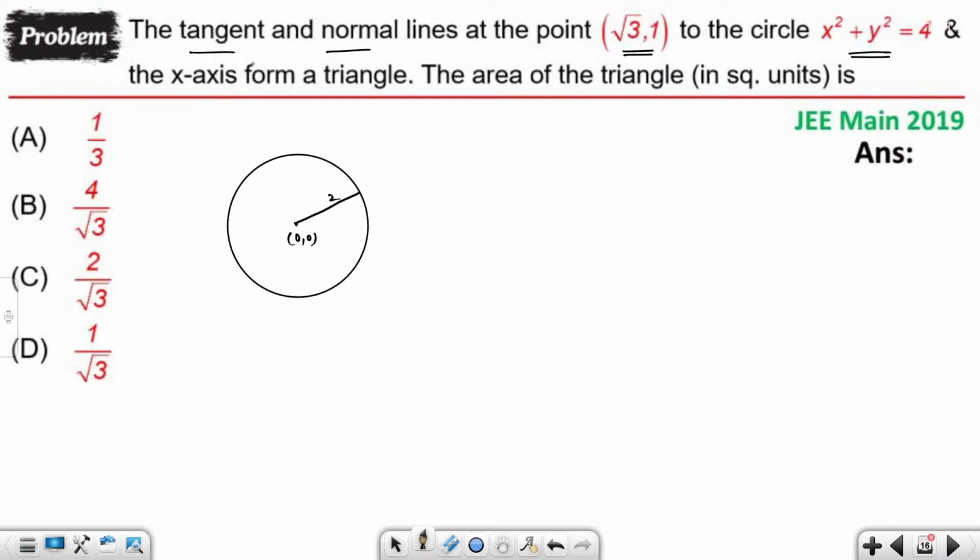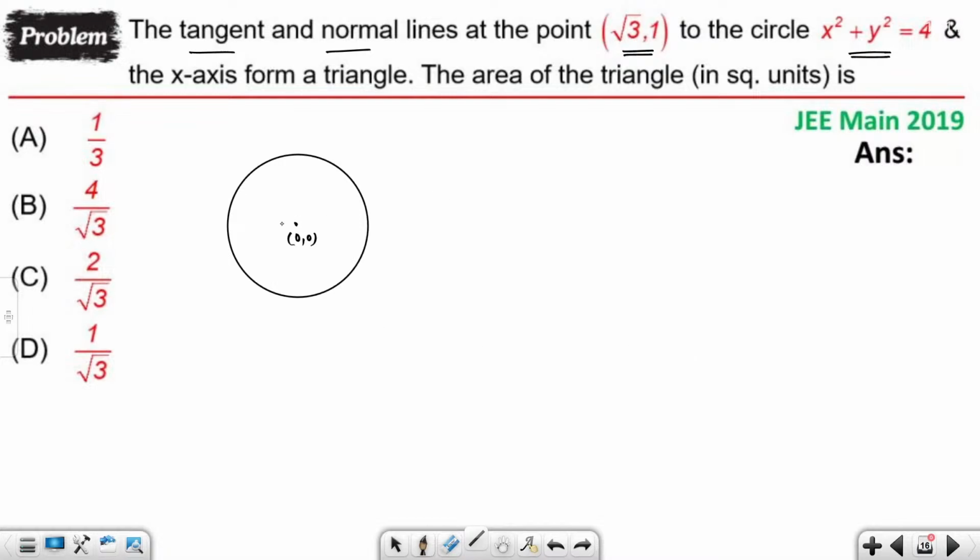And they have said that a tangent and normal lie at the point root 3, 1. Just 1 second. Let me do it a little neatly. Okay. So let me draw a line first in a proper way.